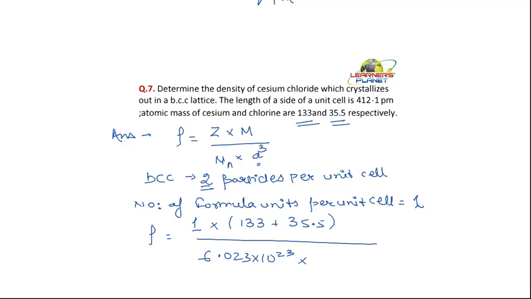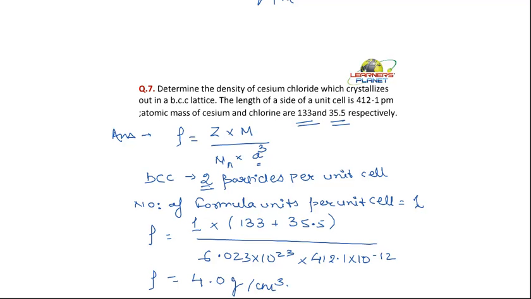What is your a? 412.1 into 10 to the power minus 12 meters. Right? So this would be your density. The density comes out to be 4.0 gram per centimeter cube.